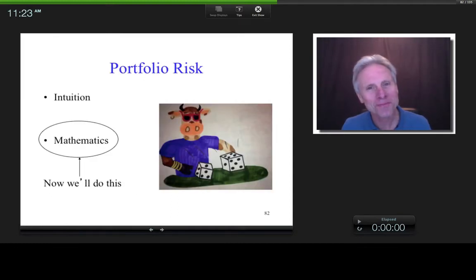Okay, so we've done hopefully the intuition, hopefully it makes sense to you as far as this concept called diversification. And so now we need to get into the mathematics. And again, as I mentioned, the reason we're going to have to get into the depth we get into is because it's relevant to bridging theory with practice, as we'll see when we do cases if you're in my class.